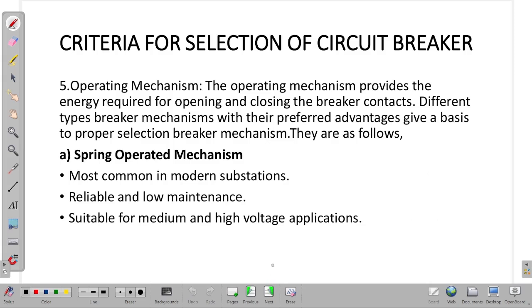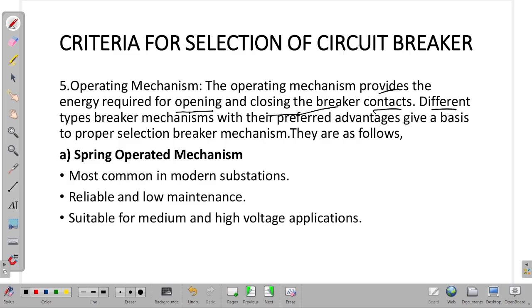Next is the operating mechanism. The operating mechanism provides the energy required for opening and closing the circuit breaker contacts.